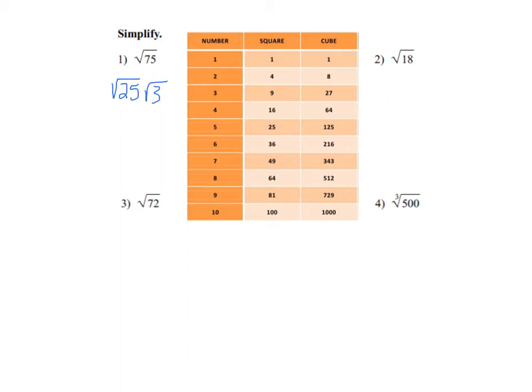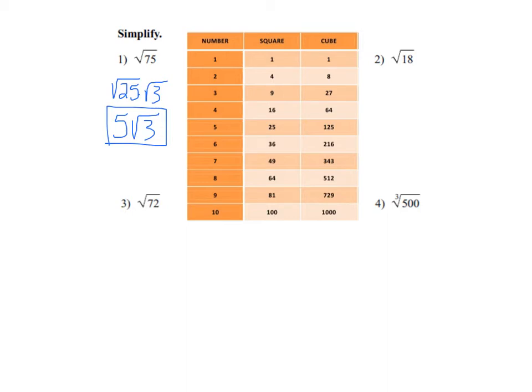So 25, and I'm multiplying in there, so 25 times 3 is 75. But the reason I break it down is because the square root of 25 is a perfect square, so it's going to come out nicely to just 5, and then I'll have square root of 3. So what I've managed to do is to get the number underneath the radical much smaller by pulling part of that out, the part that I could break down as a perfect square.